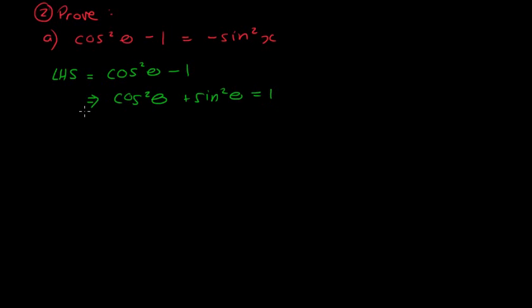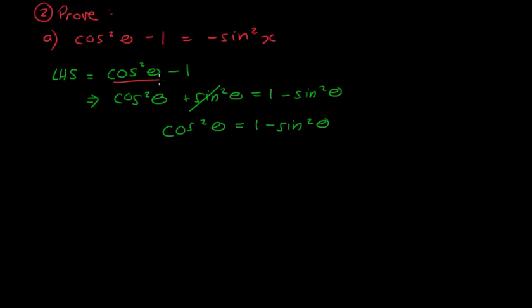If I then subtract my sine squared theta, putting it over this side, which was quite similar to the last question, I've got cos squared theta equals 1 minus sine squared theta. So that's one thing I do know.